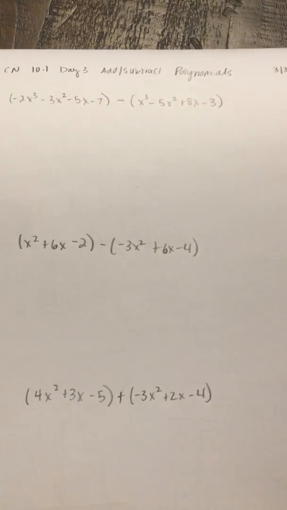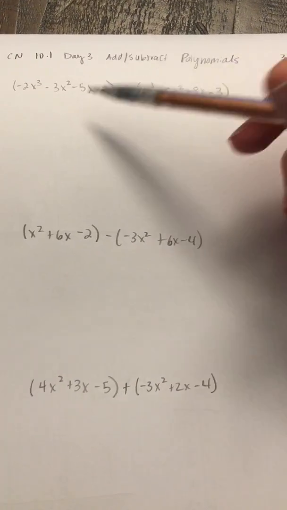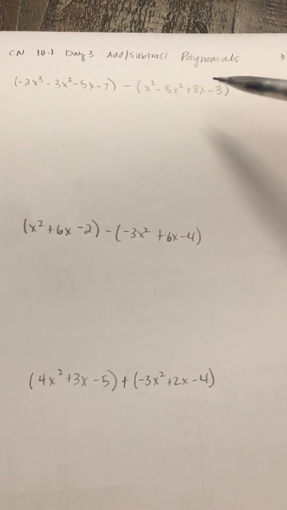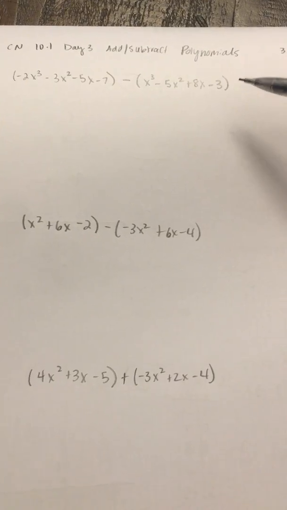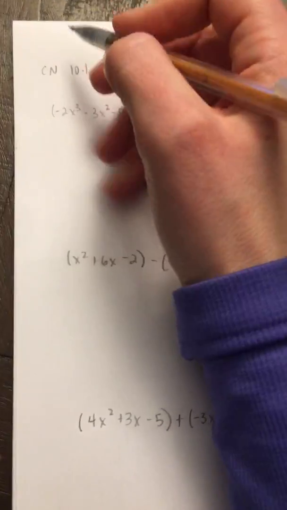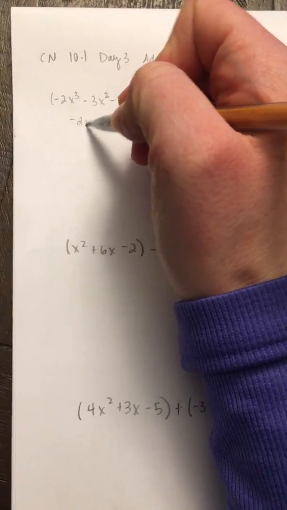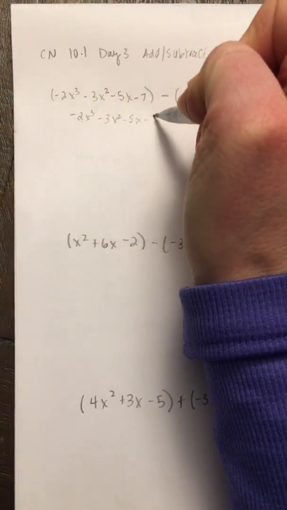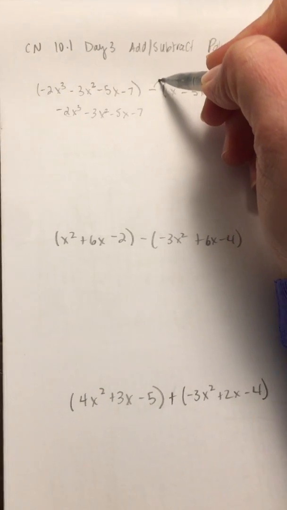So we are being asked to subtract these two polynomials. With subtraction, you have to remember to subtract all of the terms from the second polynomial. So we bring down the first part just the way it is. So negative 2x cubed minus 3x squared minus 5x minus 7 just comes down. We have to make sure we subtract.